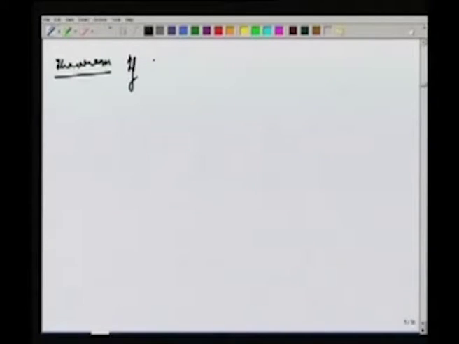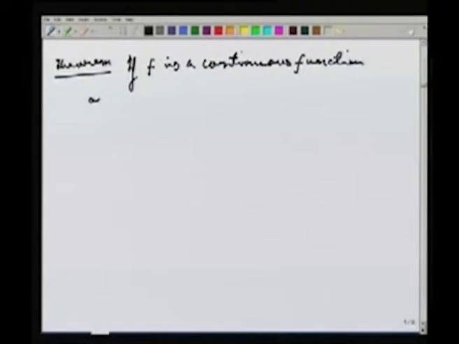Now the theorem says that if f is a continuous function on the closed interval [a, b], then f is Riemann integrable.